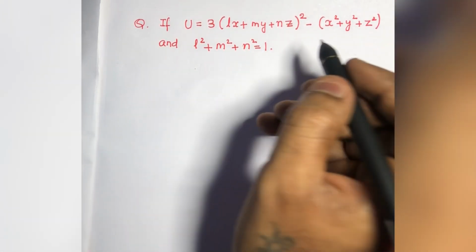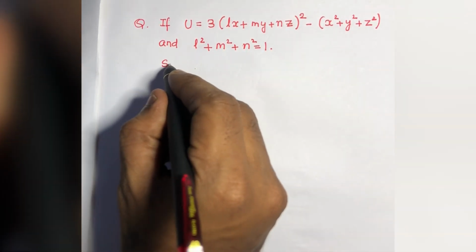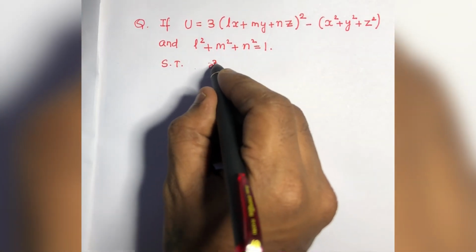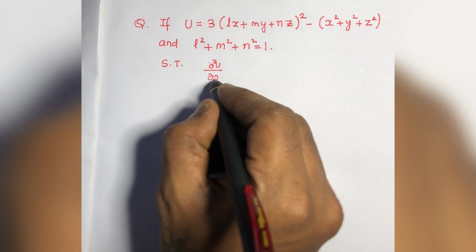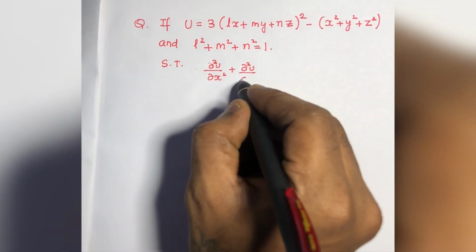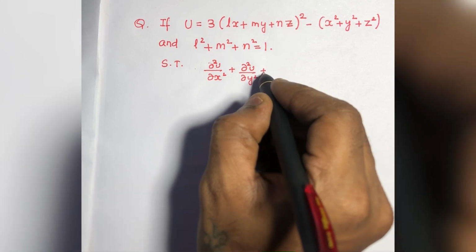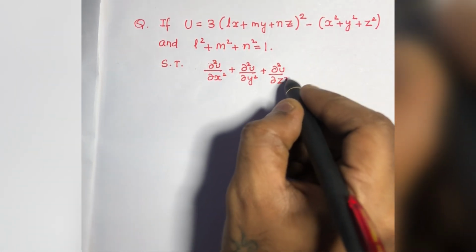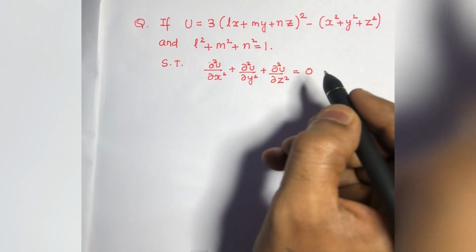So this is the condition. Then show that dou square u by dou x square plus dou square u by dou y square plus dou square u by dou z square is equal to 0.